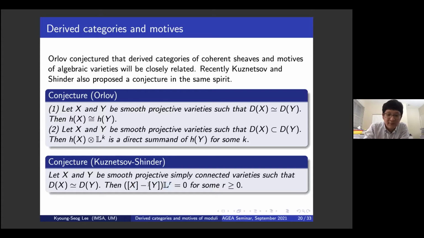So this difference between X and Y, times a certain power of L, should be 0. In this sense, people think that there must be some kind of parallel story between the derived category of coherent sheaves and the motive.